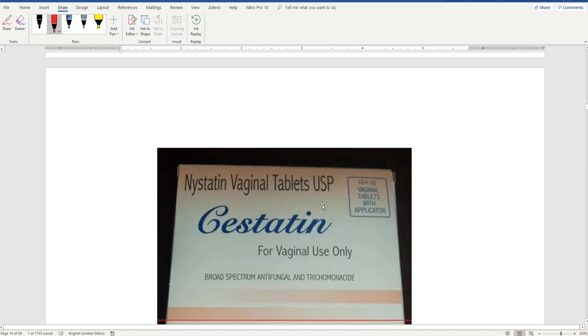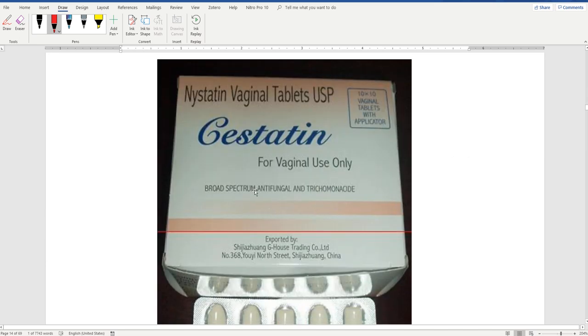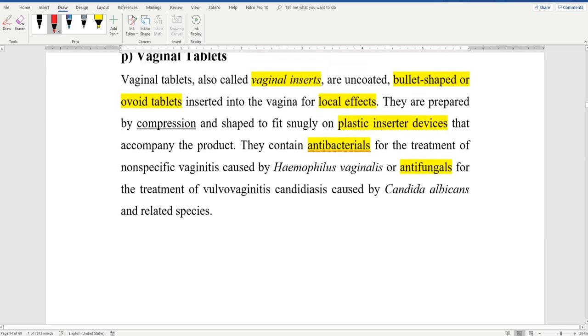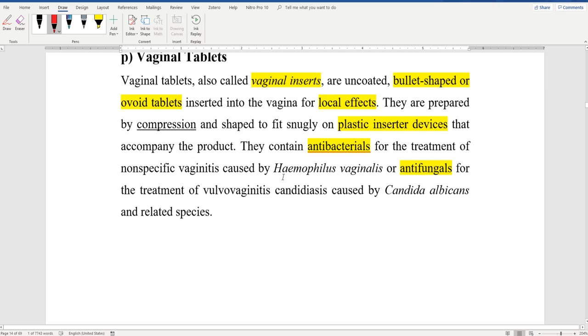إذن the drug that we use here are either antifungal or antibacterial agent. Antibacterial agent, زي ايش البكتيريا اللي هو هيموفايلس فاجيناليس, وفي عندنا antifungal agents against the Candida albicans. طبعا these tablets are not prescribed for unmarried ladies or girls.